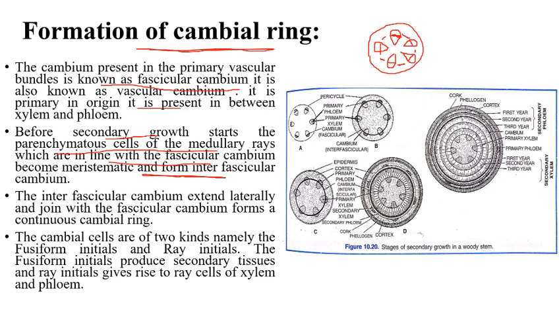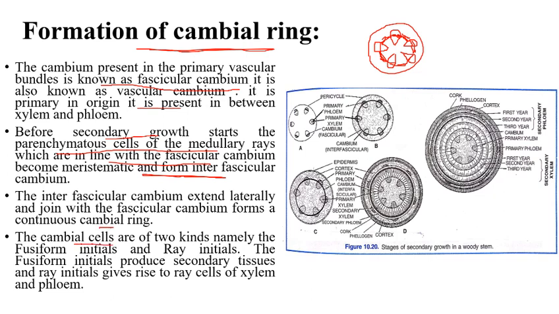These parenchymatous tissues are called medullary rays. They become meristematic and join with each other like this, forming interfascicular cambium. So at last, a ring is formed. The interfascicular cambium extends laterally and joins with fascicular cambium, forming a continuous cambial ring.